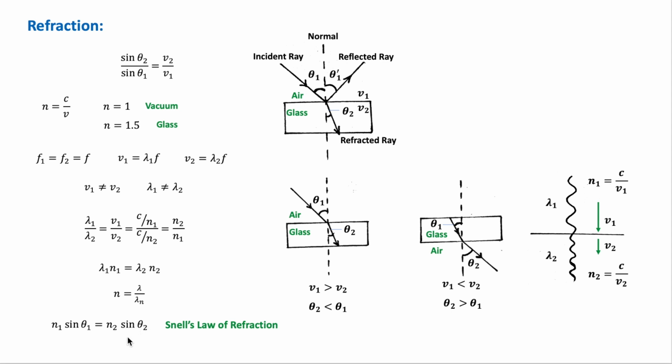And this expression was experimentally discovered by Snell and is known as Snell's law of refraction. Note that other waves, such as sound waves or seismic waves, also experience refraction. And so Snell's law is a model for a wave under refraction.